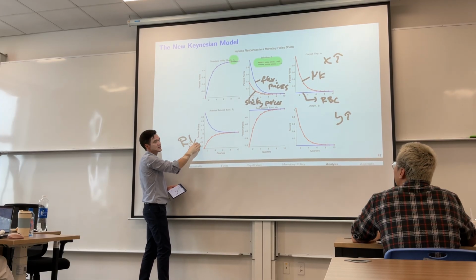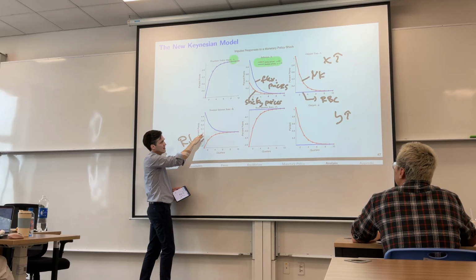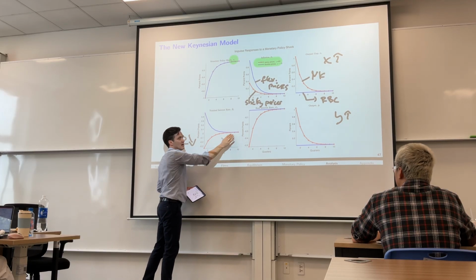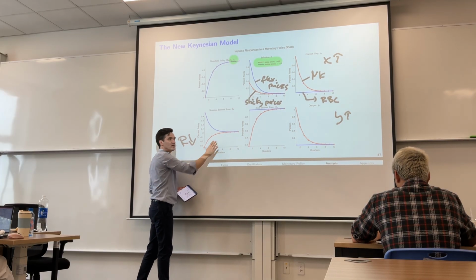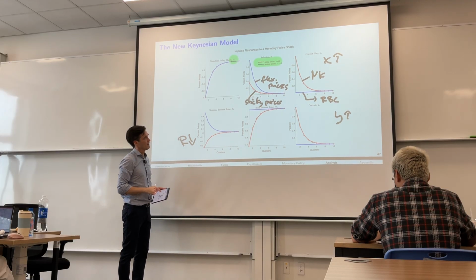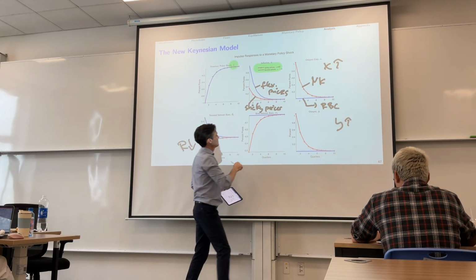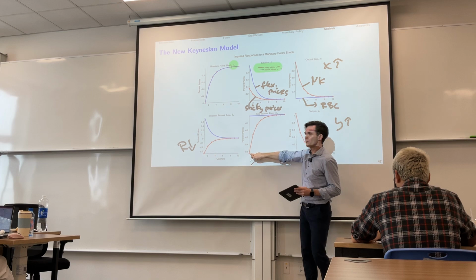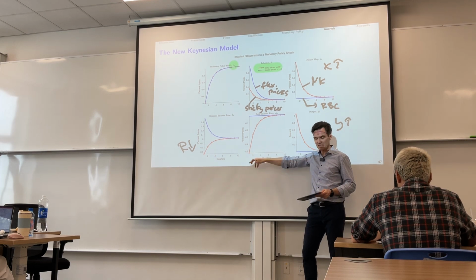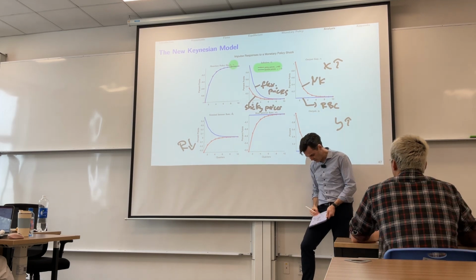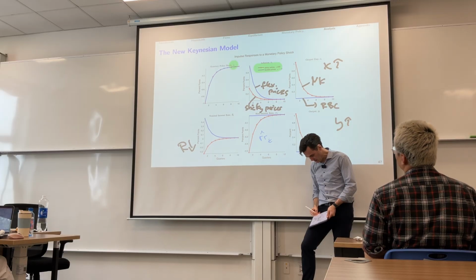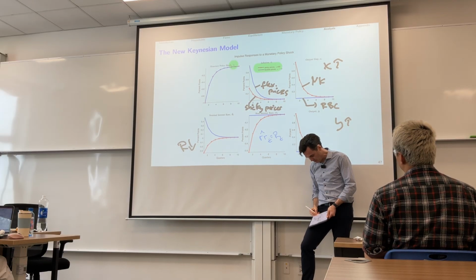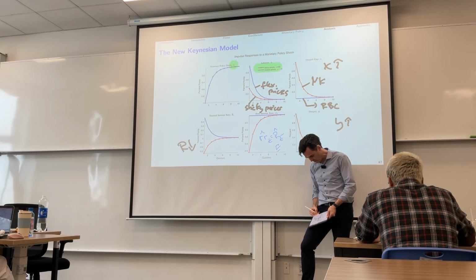Everything is expressed in percent deviation from steady state. Central bank cuts the interest rate, and then the interest rate normalizes over time back to steady state. As a result, what we see is that the real interest rate also falls in this model, okay, with sticky prices. Again, what is the real interest rate? RR hat. It's nothing else than just the nominal interest rate minus expected inflation.